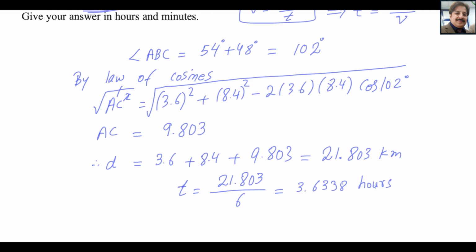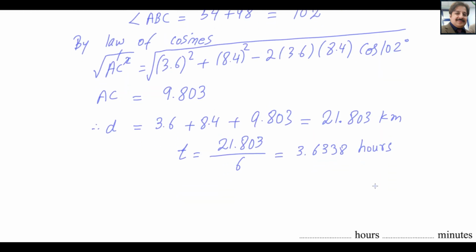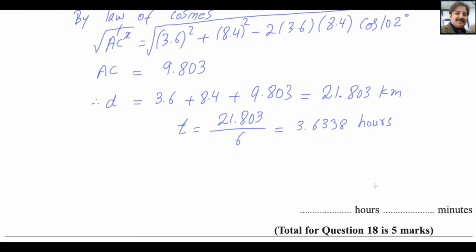But if you notice, we need to write the answer in minutes. So 3 hours is the whole number, and you can convert the 0.6338 into minutes by multiplying it by 60. 0.6338 multiplied by 60 gives you minutes: 38.028.